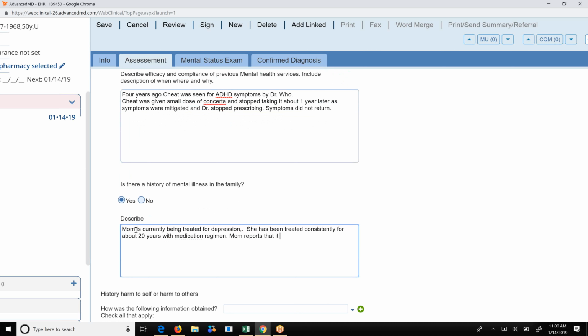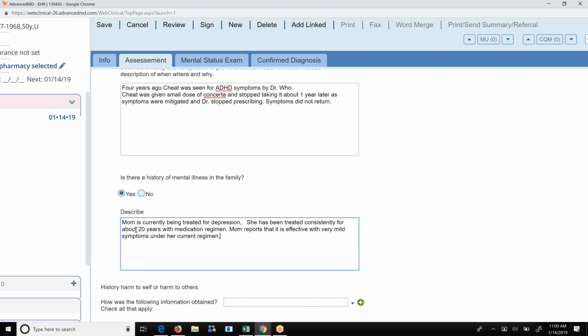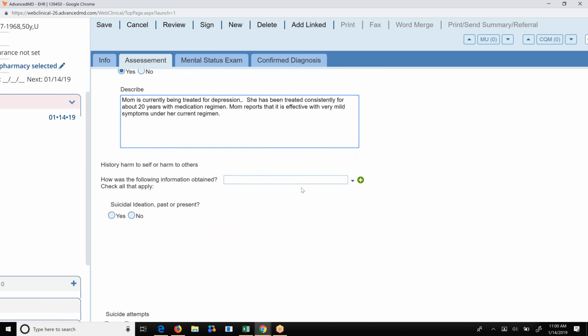And if you have a client who reports that there was mental health present in their family history and it happened to involve the mother or the father, well, on some level, how did that impact their abilities to function as it relates to parenting practices for your client? Again, pattern, and we are showing the route or the pathway of the pathology for the client and how they're presenting. History of harm to self or harm to others.